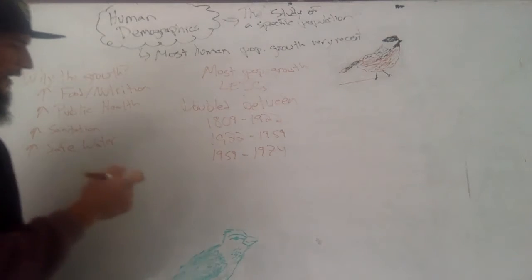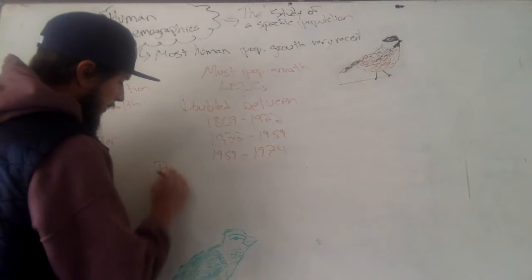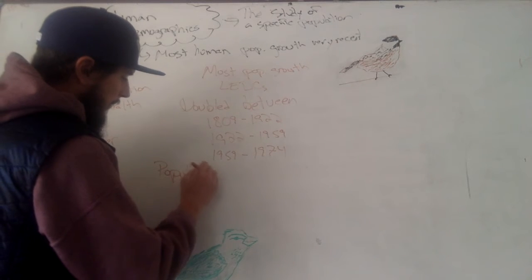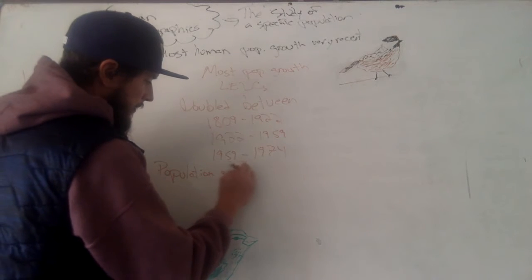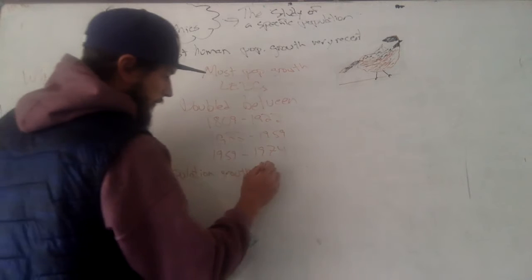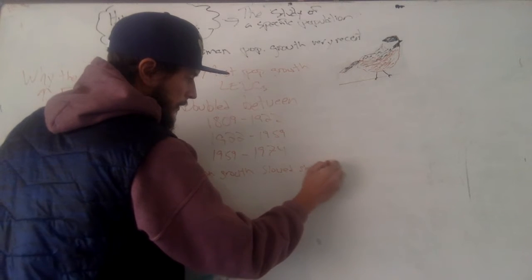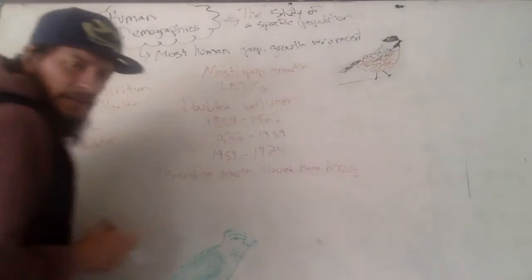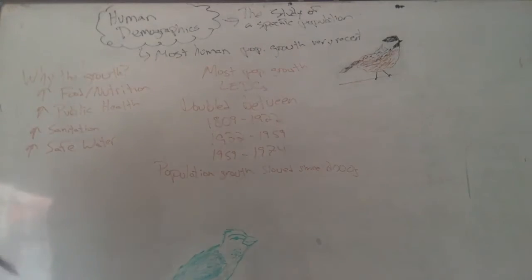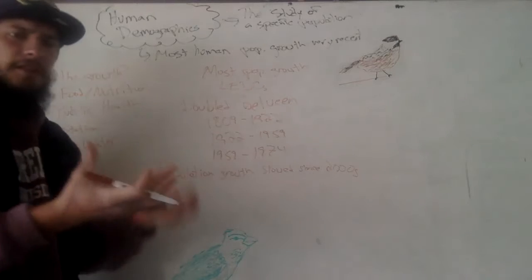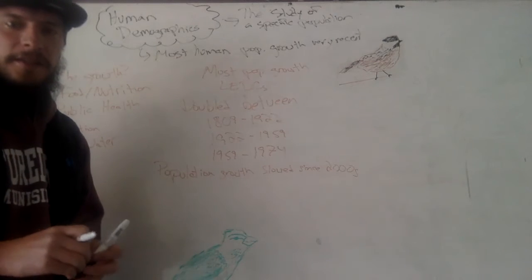However, as we've seen in the video, population growth worldwide has slowed since the early 2000s, as people have better access to these sorts of things, they slow their reproduction rates.